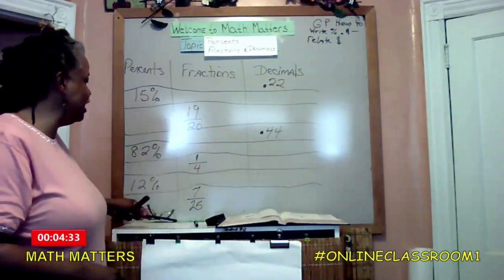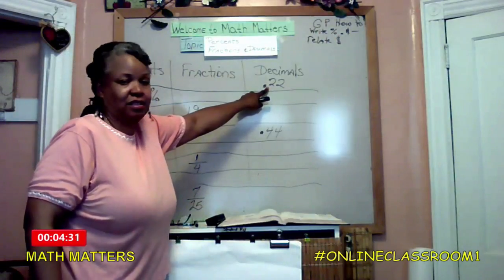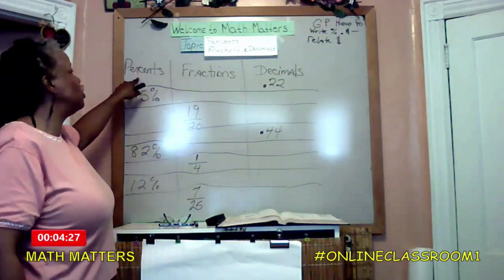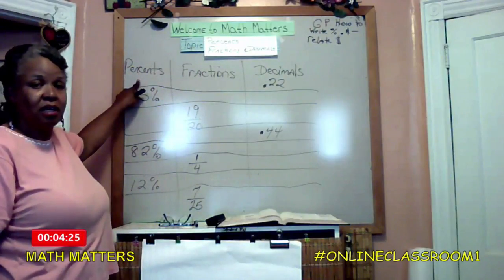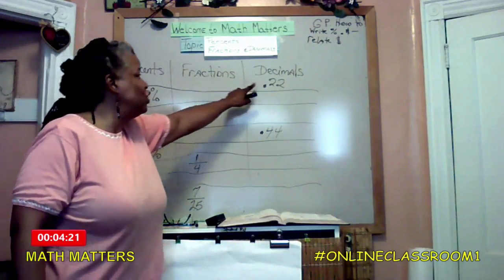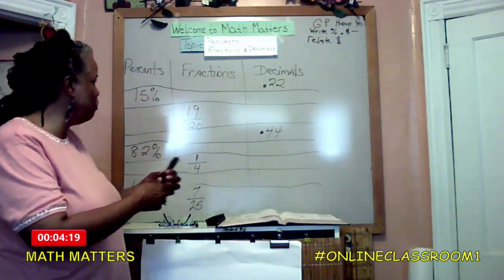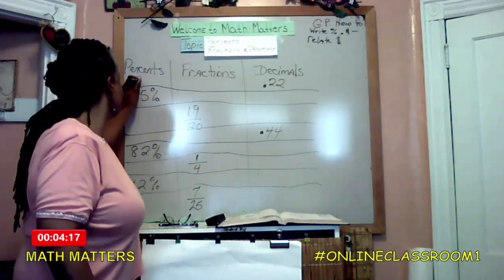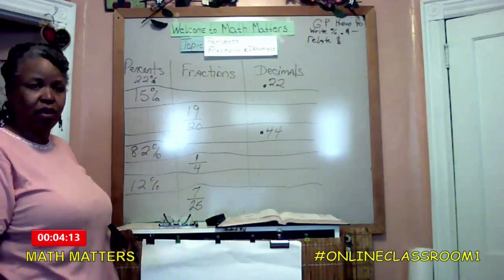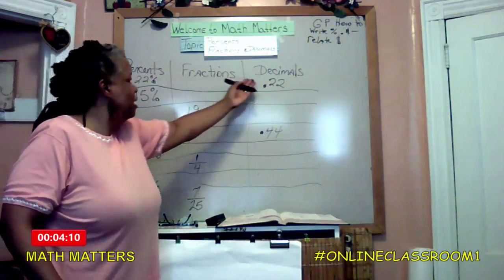Our first one is 22 cents. It's easy to go from 22 cents to the percent because all you got to do is know that 22 cents looks just like 22%. 22%, it looks just like the money.